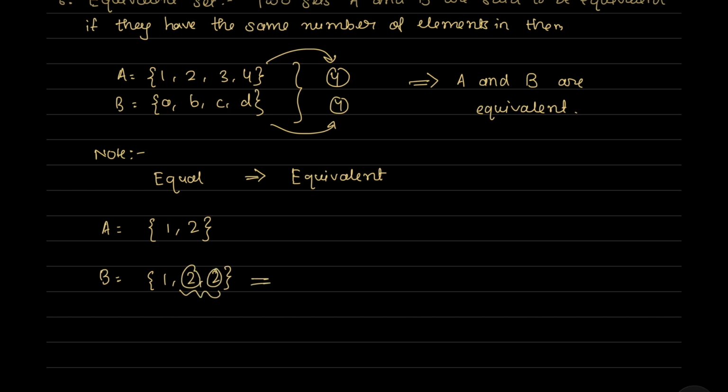Such things are not allowed in a set, so this eventually ends up as 1, 2. Alright. So sets A and B have the same elements in them, hence they are equal and equivalent. Next, equivalent does not imply equal. As we have seen in the example above, sets A and B there are equivalent but they are not equal, because even though they have the same number of elements in them, the elements are not the same.